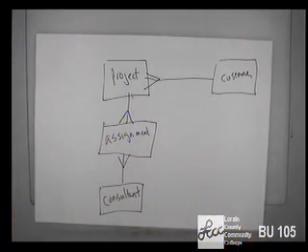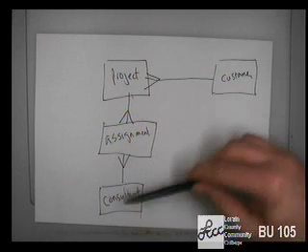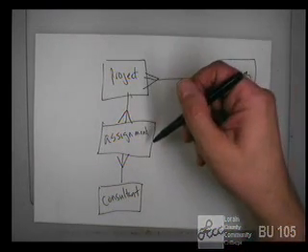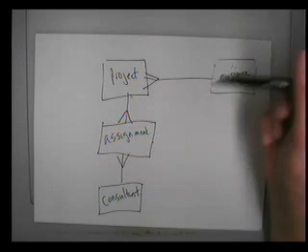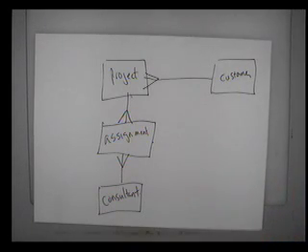We could break that down, that many-to-many relationship between 2 entities, and make it into 2 one-to-many relationships between 3 entities. This is a project table, this is the assignment table, and this is a consultant table. And there's a few ways that we could do this, but let's look at probably the most straightforward way.